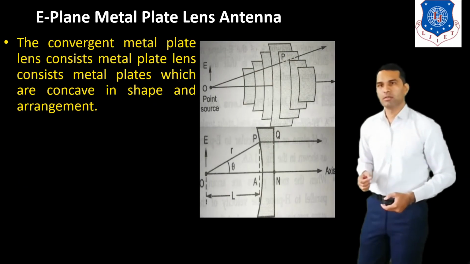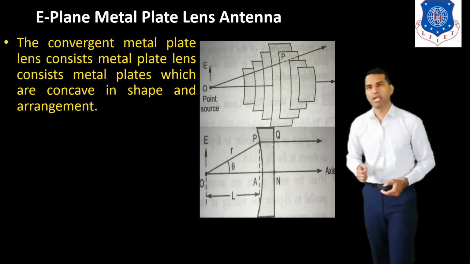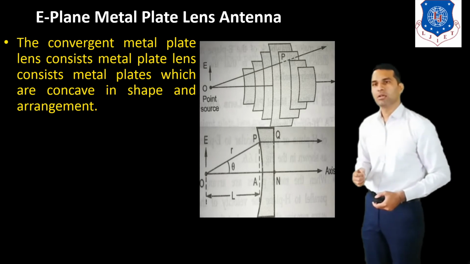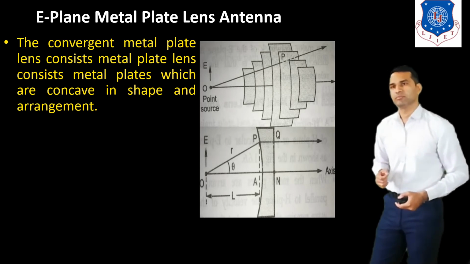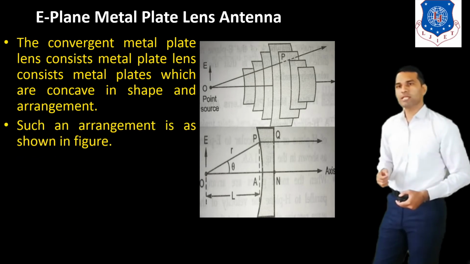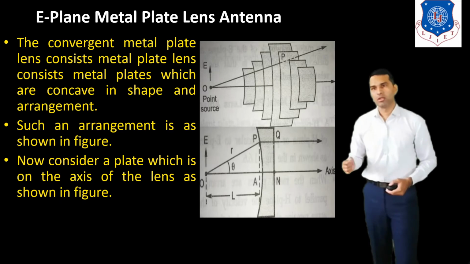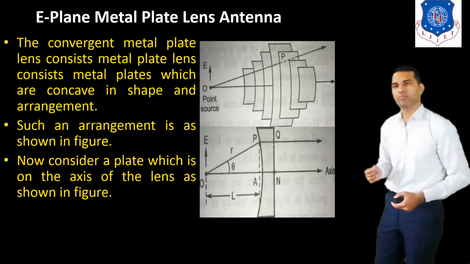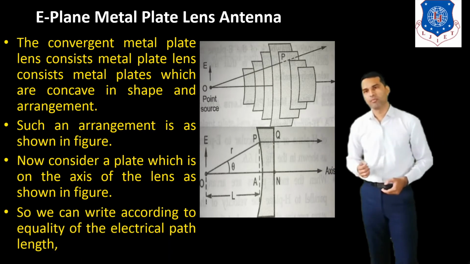The converging metal plate lens consists of metal plates which are concave in the space arrangement. Such an arrangement is shown in the figure. Now consider a plate which is on the axis of the lens, as shown in the figure here.